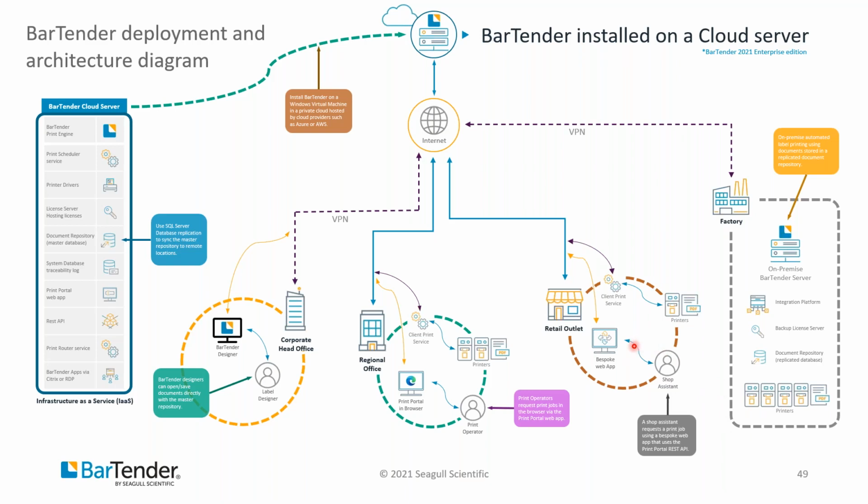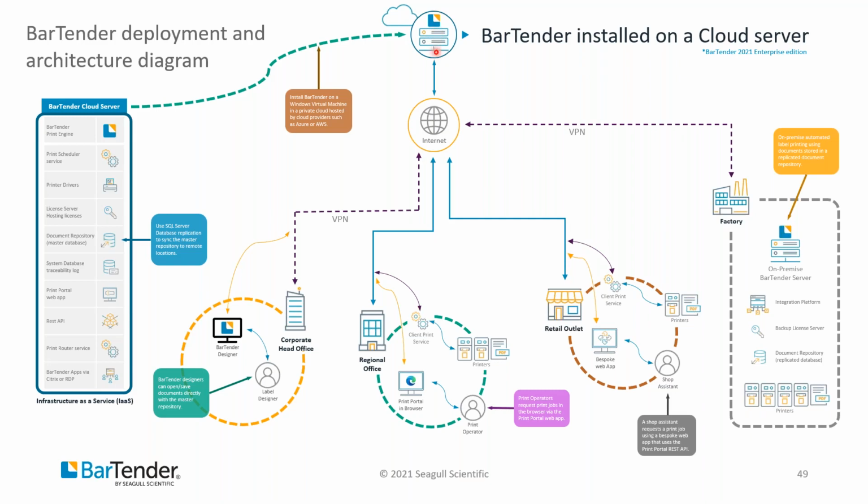Likewise, if instead of the print portal web application, they're making use of a bespoke web app that's been created, they would interact with that web app, making a REST API request to print portal on the cloud server.